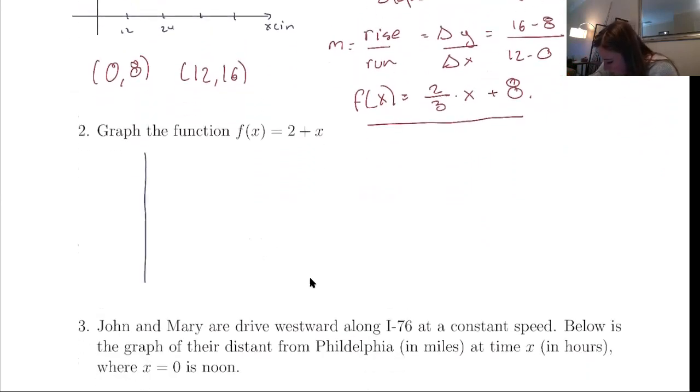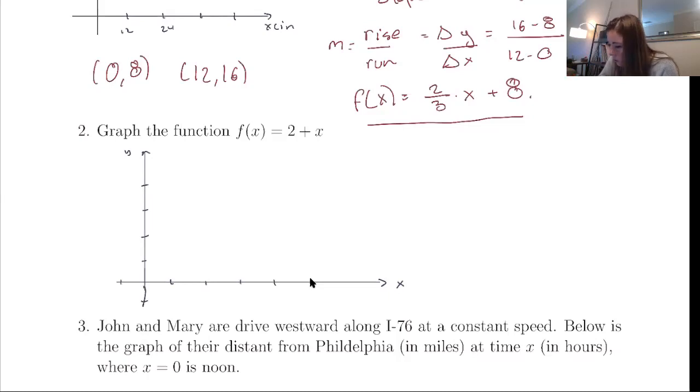Right? So I'm going to just draw my axes. That's not straight. Okay. X and Y. So let's do 1, 2, 3, 4. 1, 2, 3, 4. Great. And if we wanted to, I could draw some negatives.